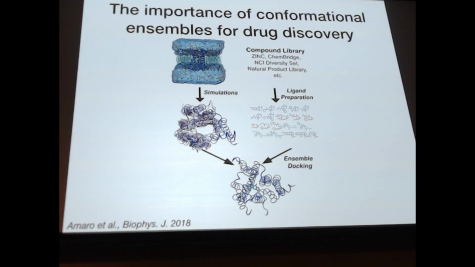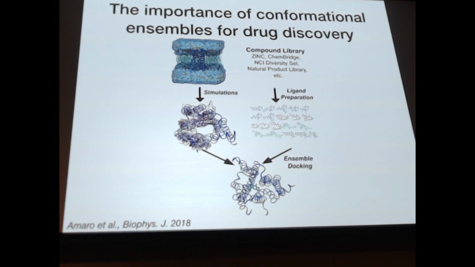So more practically, it's been known for a while that we can get additional information for drug discovery by considering conformational ensembles rather than single structures. And this is an example taken for G-protein coupled receptors where ensemble docking actually performs better than docking to a single structure.